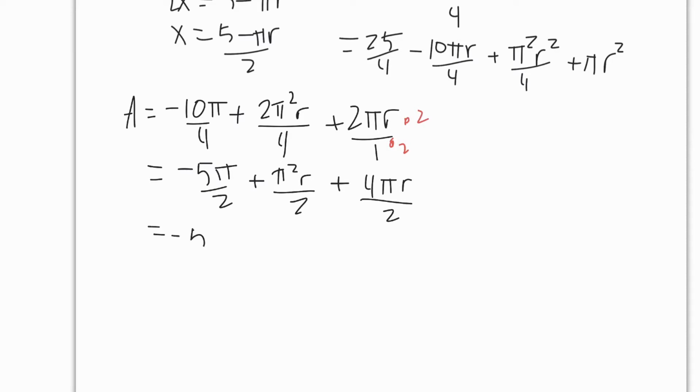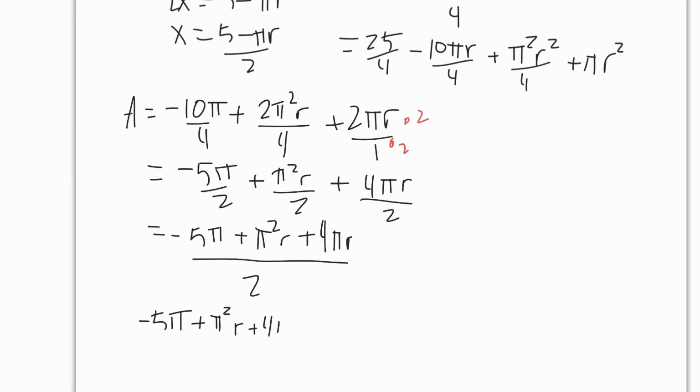So it'll be minus 5 pi plus pi squared r plus 4 pi r over 2. So I need to, I guess, set this equal to 0 in the top. So I would set negative 5 pi plus pi squared r plus 4 pi r equal to 0.